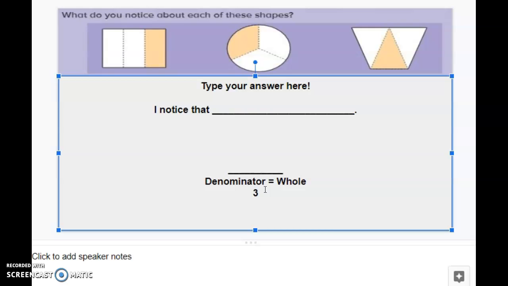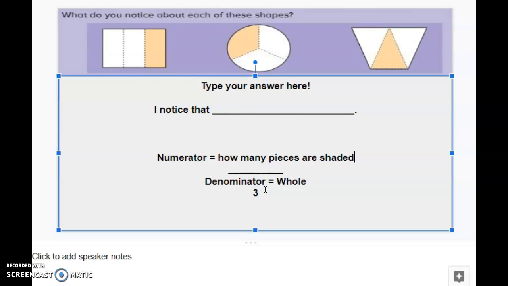So here we have our numerator, right? And our numerator is how many pieces are shaded. Is it always going to be shaded? No. Sometimes it could be how many pieces are not shaded, or it could say how many pieces were eaten, or how many pieces were not eaten, right?